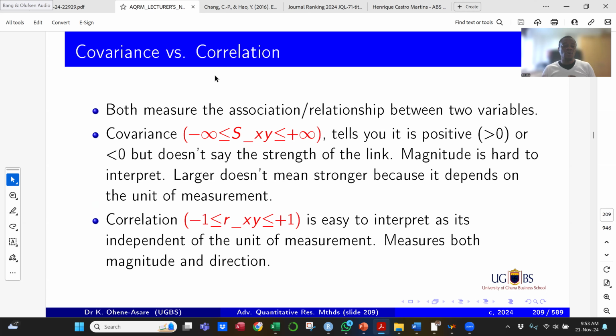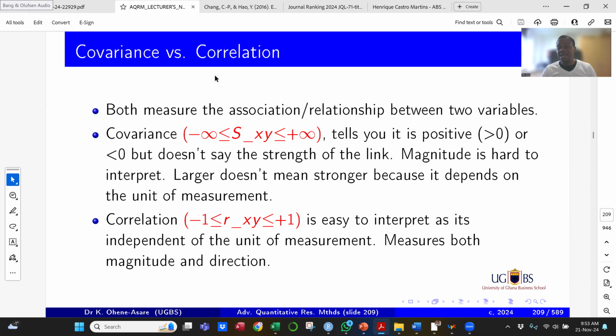Okay. So what we want to do first is to look at association. And in numerical analysis, there are two ways of measuring association. One is by using covariance, the other is by using correlation. What is the difference?